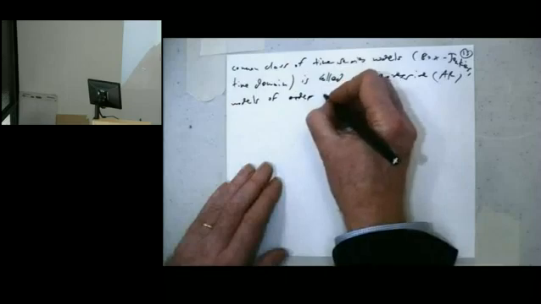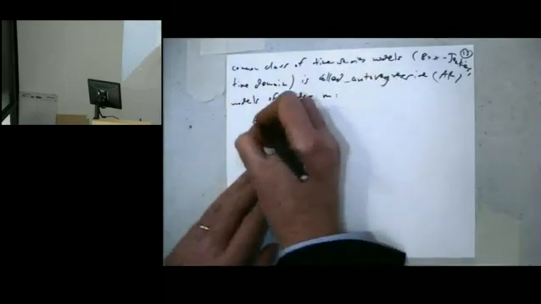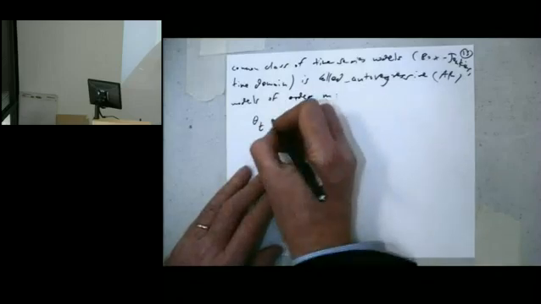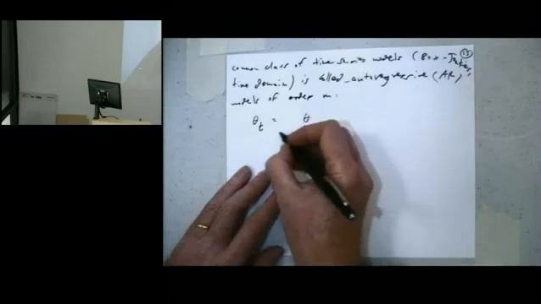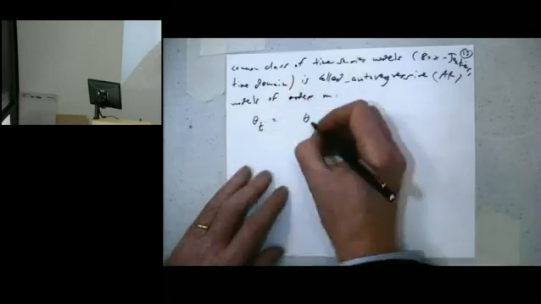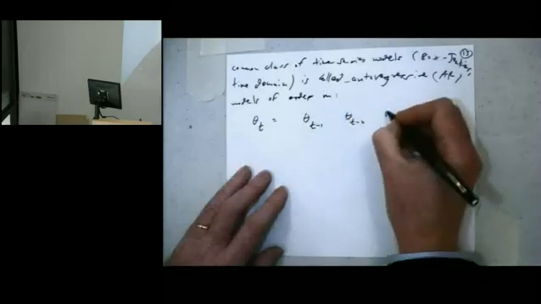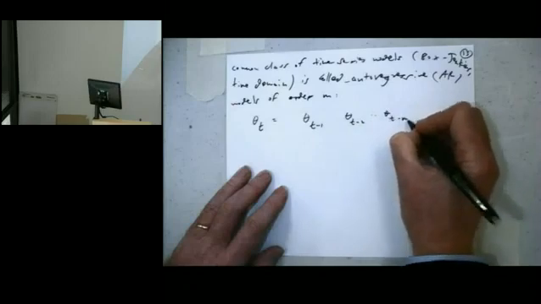M, let's say. And the way it works is your time series at time t is thought to depend upon itself back in the past in a regression sort of way. So you regress the series at time t on itself at time t minus 1 and itself at time t minus 2 and so on down to itself at time t minus m.